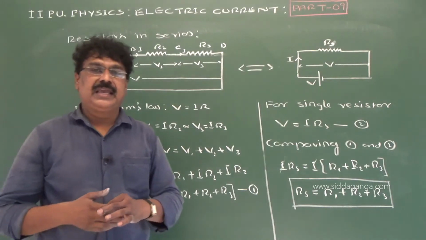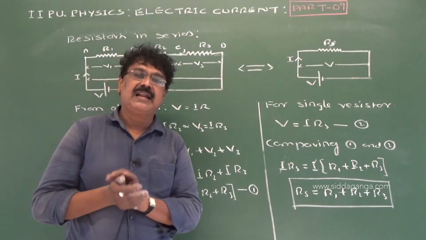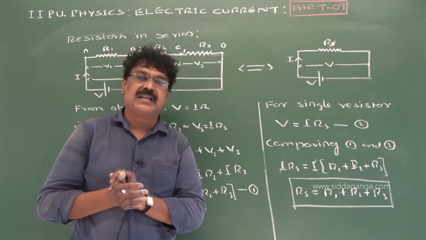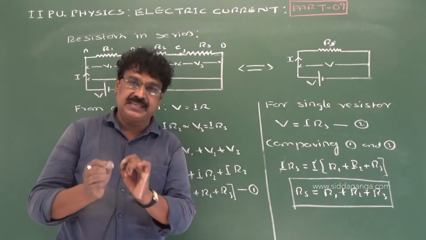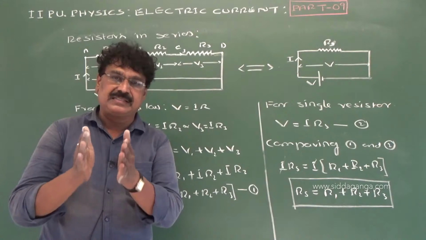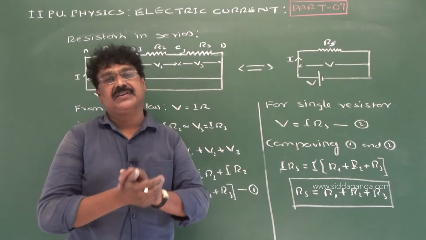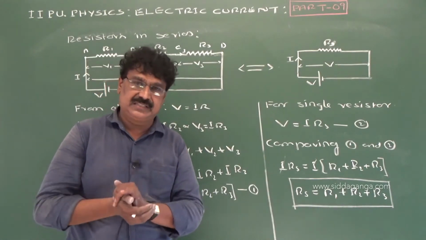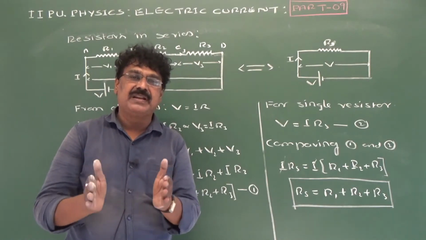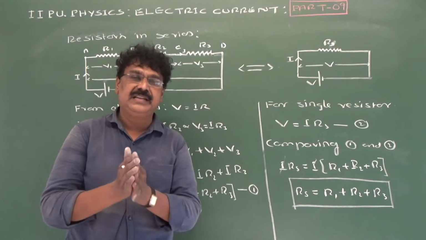So the effective or equivalent resistance of a number of resistors connected in series is equal to the sum of the individual resistances of the combination. What I have mentioned, this statement is called the law of combination of resistors in series.